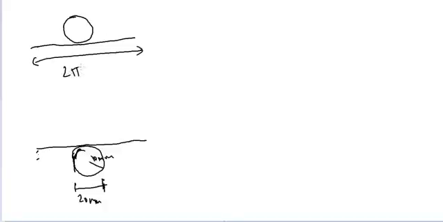2 pi times the radius, so the radius is 10, so if I approximate pi as 3.14, that's going to be 62.8 millimeters.